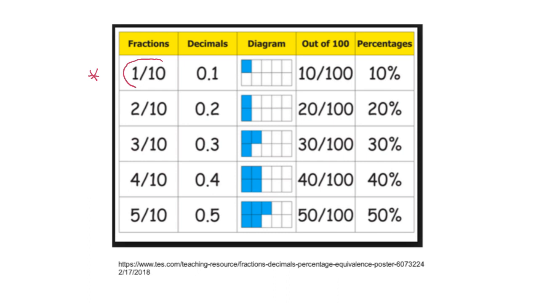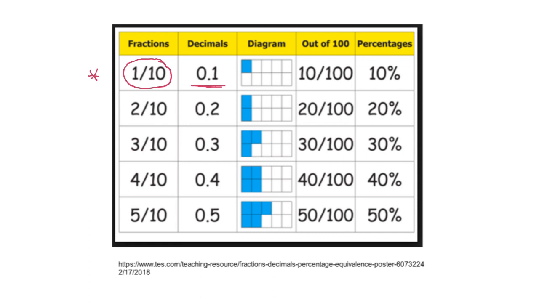Now again, you can place this in a calculator or do your long division, and you will end up with 1 tenth. So if you said that 1 over 10 is 1 tenth, it is the same thing as writing in decimal form, decimal point 1. If you want to draw a diagram, remember that denominator on the fraction is how many equal parts you should have. So we have 10 equal parts in our diagram, and we're shading 1.